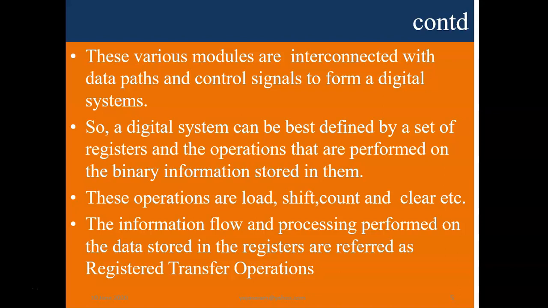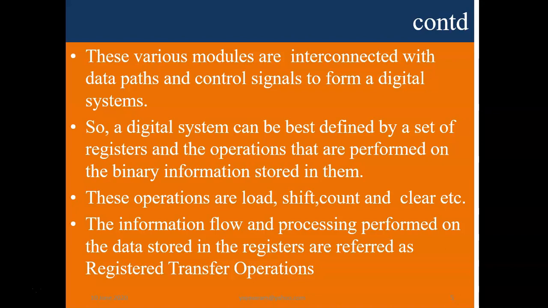Once I have some data in the registers, there must be some operations to be performed. What are the operations performed on the registers? Load operation, shift operation, count operation, clear operation, etc. The information flow and processing performed on the data stored in the registers are referred to as register transfer operations.